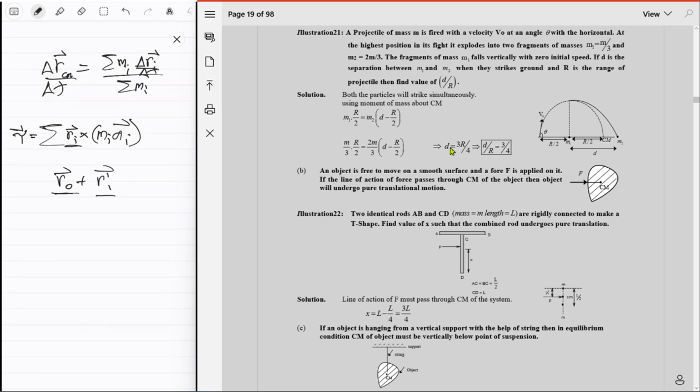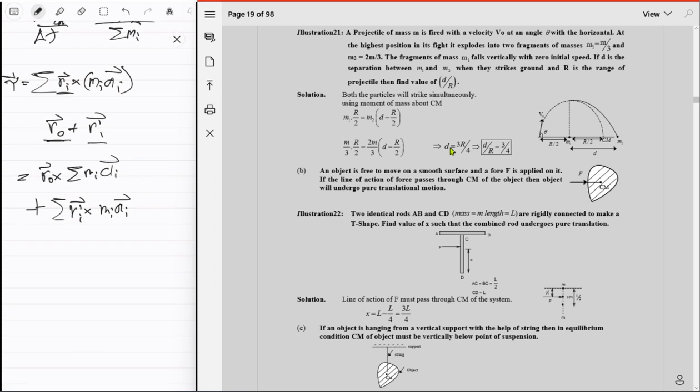So doing that, you can write this thing as r naught vector crossed with the summation of mi ai vector, plus the sum of ri dash vector cross mi ai vector. Now, why did we do this? What's the importance?